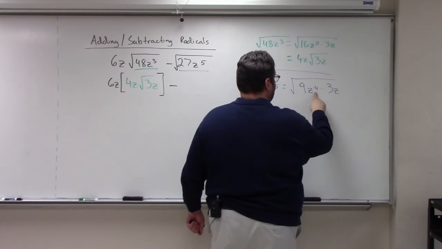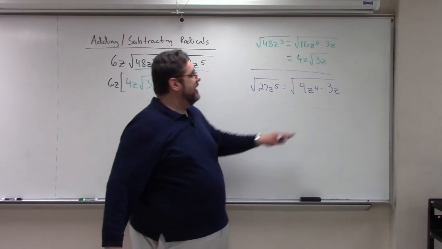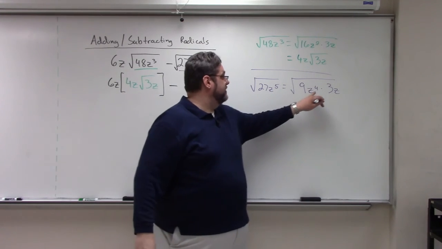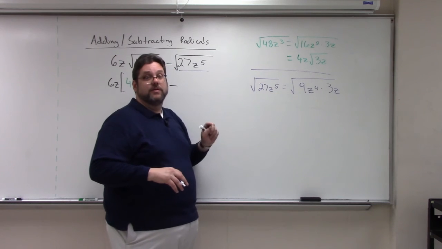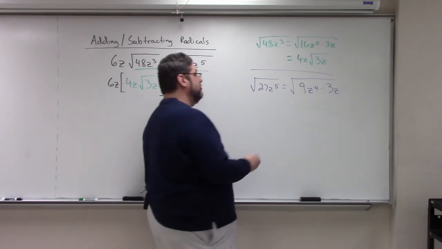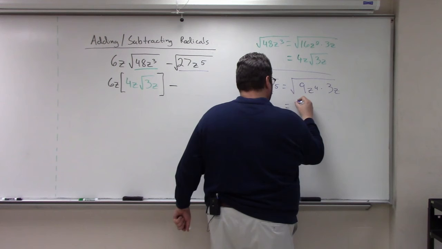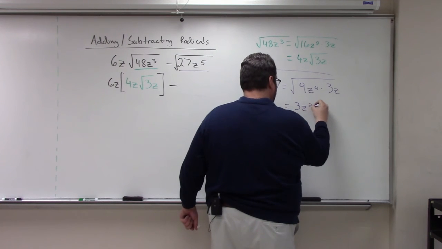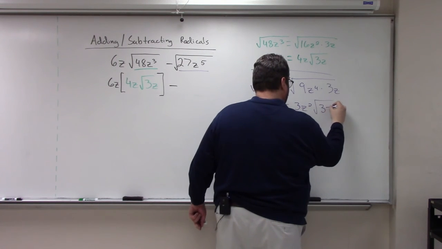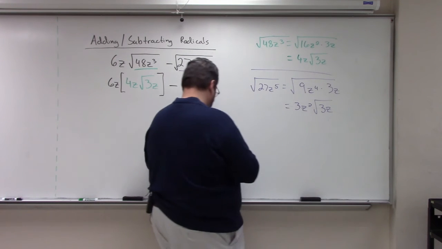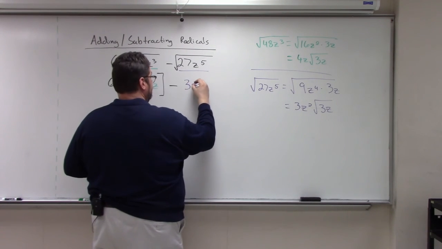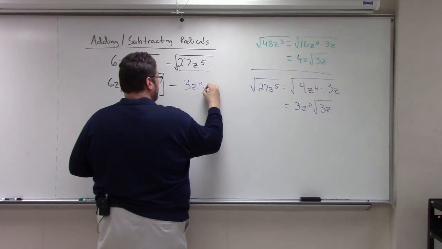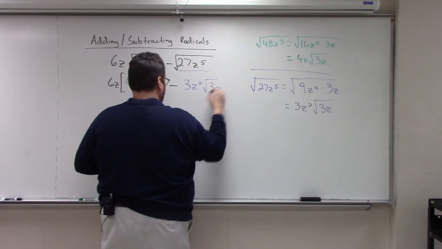Z to the 4th I can take the square root of, so I have to have z to the 1st over there because those exponents have to add up to 5. Now I'm going to take the root: 3z squared square root of 3z.